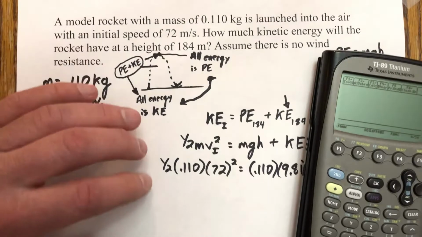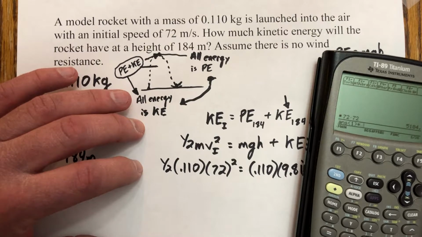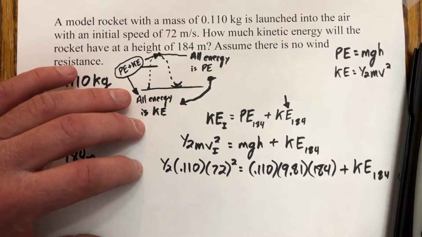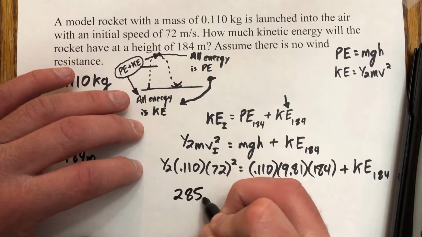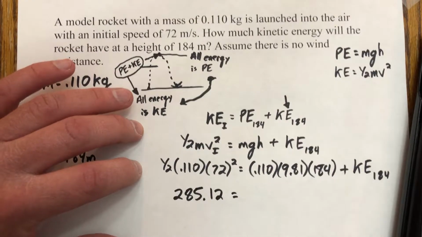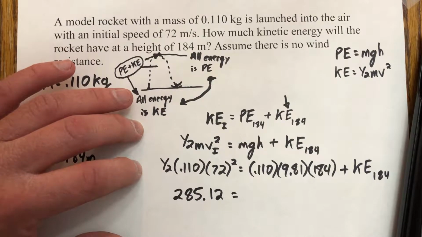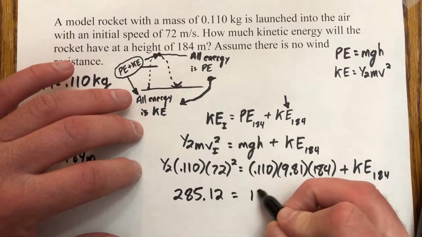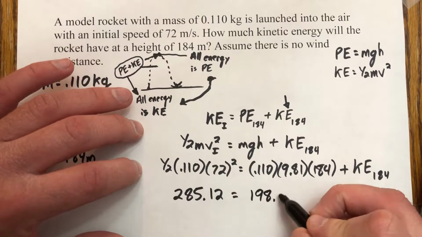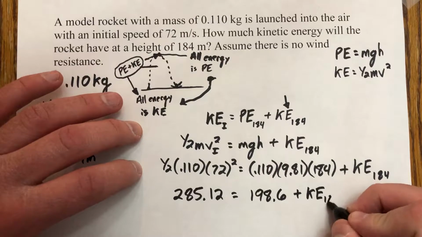So we're going to use a calculator, 72 and it's squared, so we're going to multiply by 72 again, times that 0.11 equals times that 0.5 equals, so we get 285.12 equals, over here, we got 184 times 9.81 times 0.110 equals, this is 198.6 plus the kinetic energy that the rocket has at a height of 184.